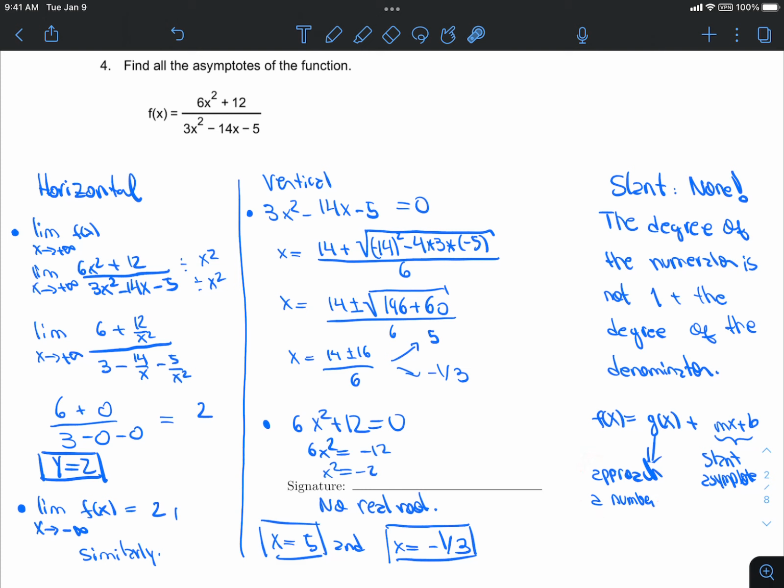So the only way for that to happen is if the degrees of these are equal, and then you get the extra degree from this. So the degree of this would have to be exactly 1 plus the degree of the bottom. So something like x cubed over x squared, or x to the 4th over x cubed, or something like that. That doesn't happen, so there's no slant asymptote in this.